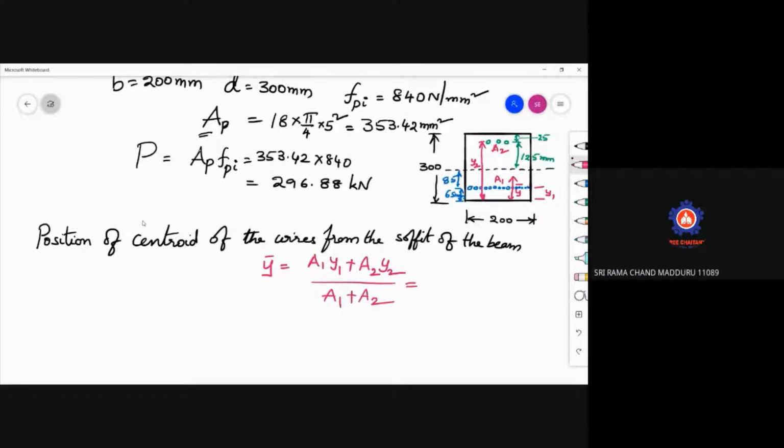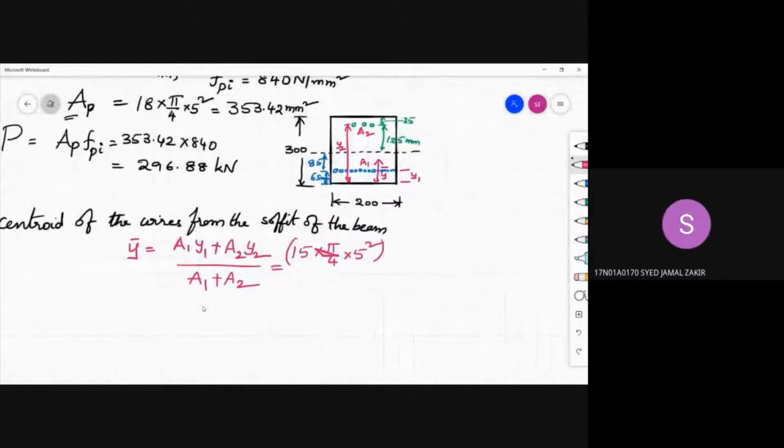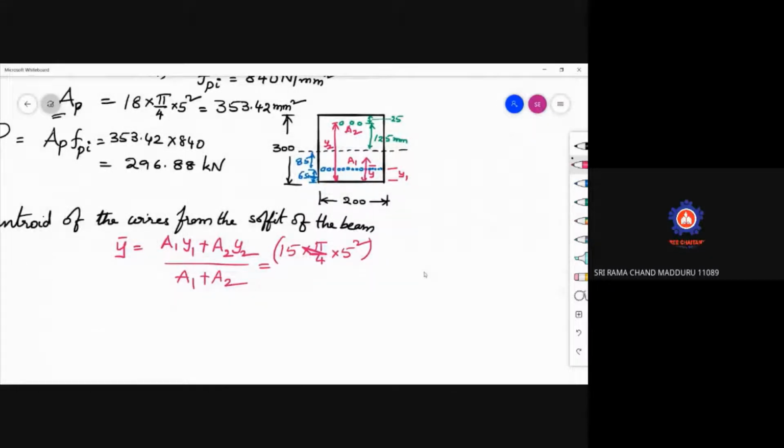So a1 is 15 number of bars, of pi by 4 into 5 square. What is the y1 value here? This is a1, so y1 is 65.